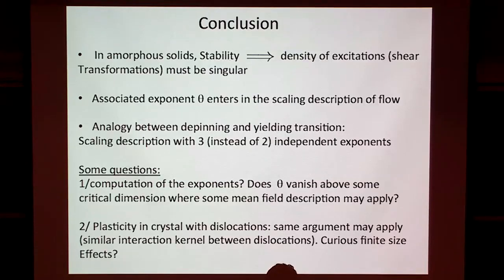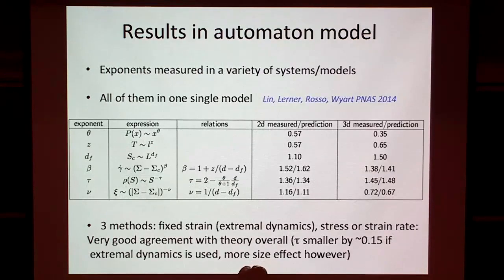Now, what we did is to test this in this automaton model that we told you about. So both the automaton model and molecular dynamics have been studied a lot. So what we wanted to do is to have in one system the ability to really measure all exponents at the same time. And so we measure those 6 exponents in 2D and in 3D.